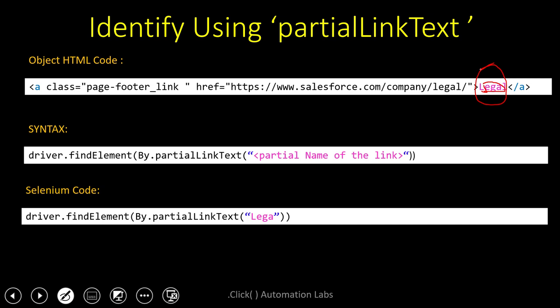But make sure that even if there are multiple links matching this particular text, the WebDriver will click on the first occurrence of that match. So that is about partial link text. Hope you got me right.